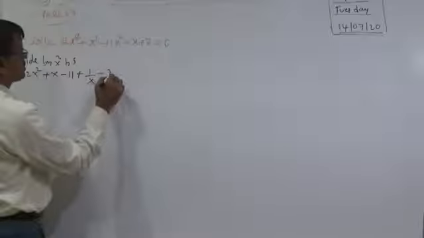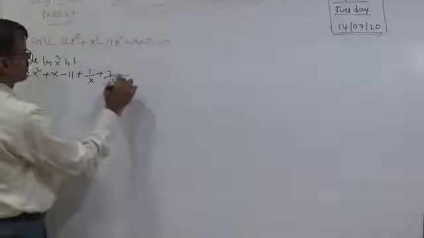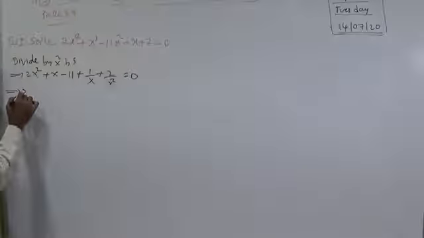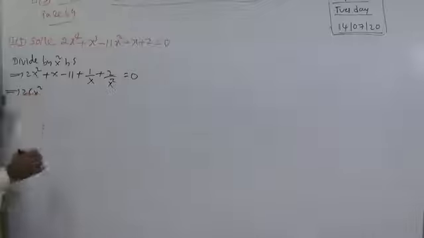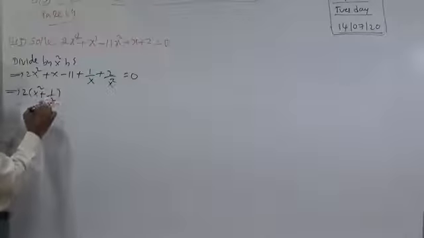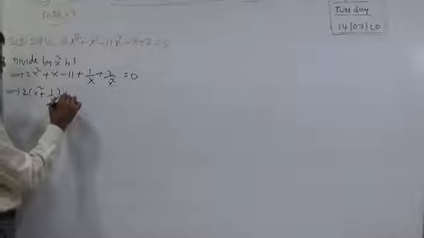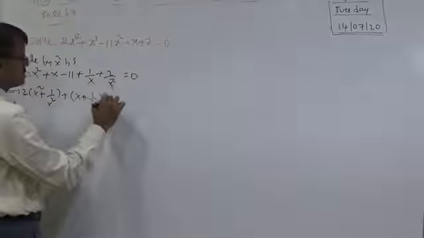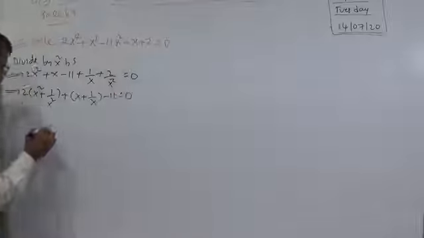This gives 2x square plus x minus 11 plus 1 by x plus 2 by x square equal to 0. We can take 2 common for the first and last terms: 2 into x square plus 1 by x square, plus x plus 1 by x, minus 11 equal to 0.